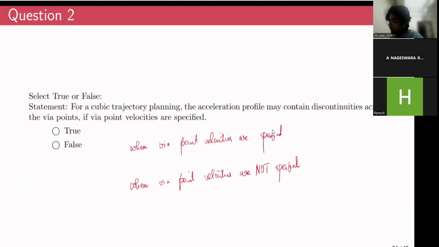In case when the via point velocities are not specified, the initial velocity of the next segment would be the final velocity of the previous segment.